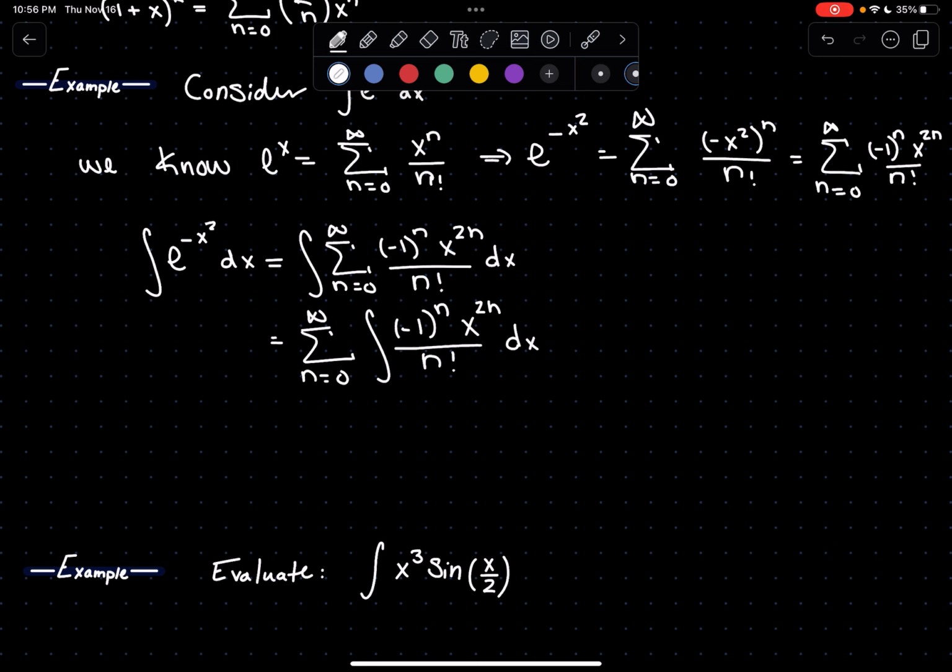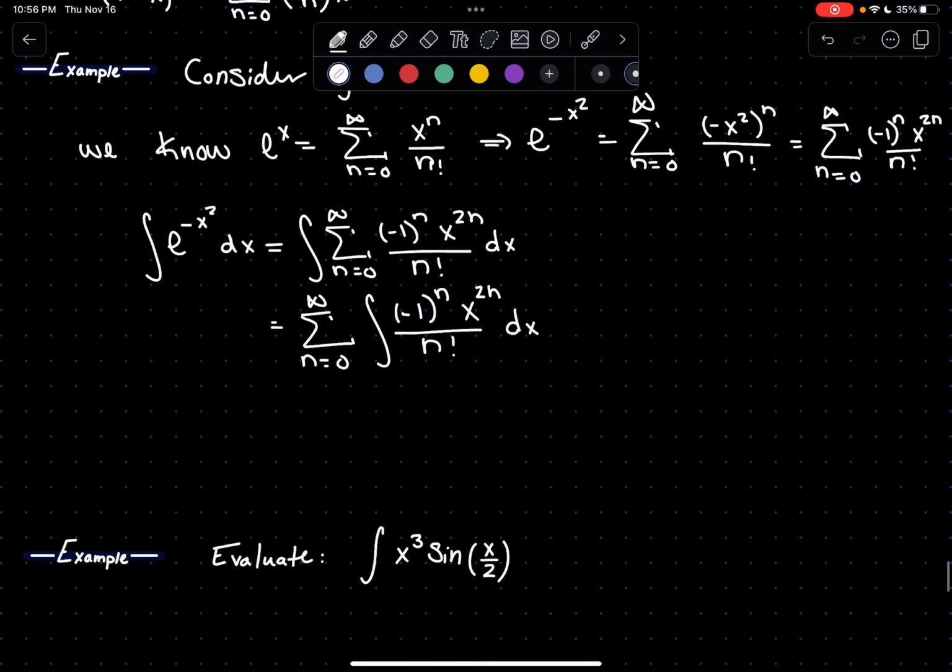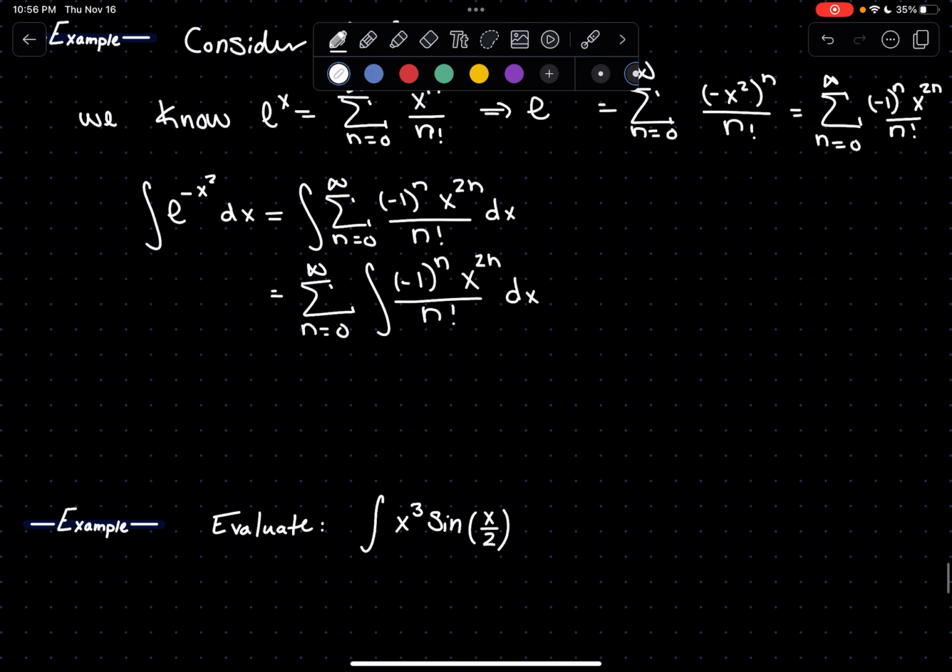Now, you guys might get scared because this looks hard, right? This integral looks hard. But remember, what are we integrating with respect to? We're integrating with respect to x. So all of this mess right here, does this depend on x? No. So I can pull it out.